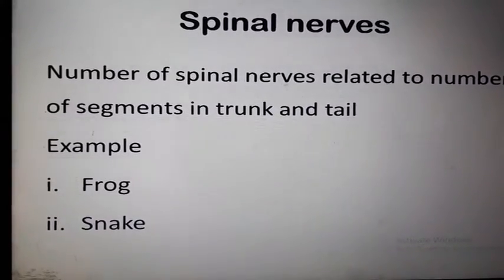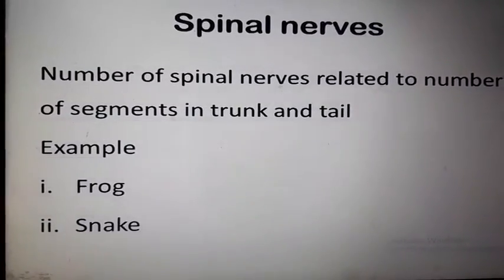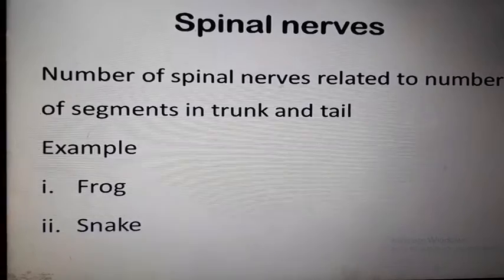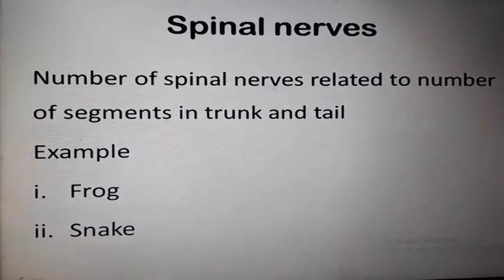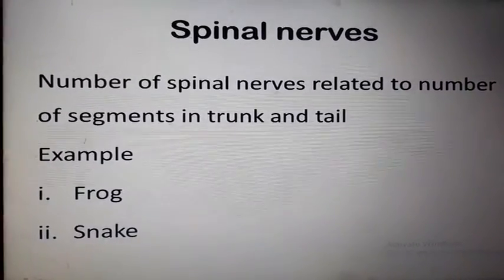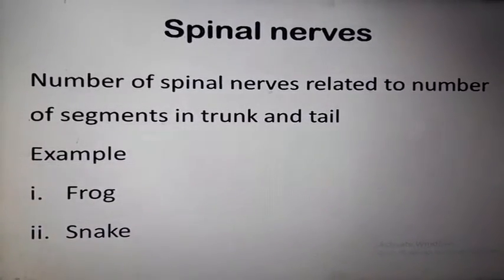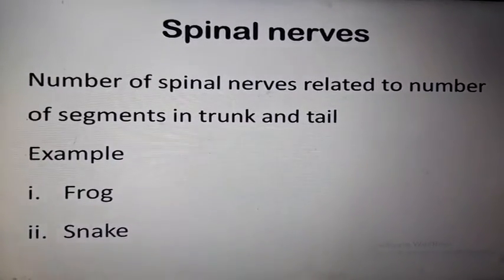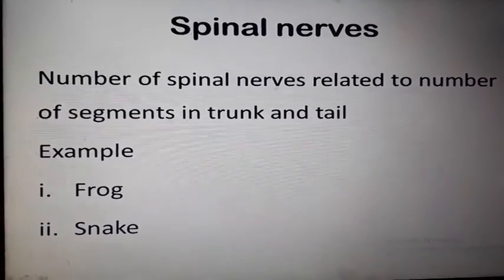For example, the frog has evolved strong hind legs for swimming or jumping, and a reduced trunk and no tail in the adult. So how many spinal nerves are present in the frog? There are only 10 pairs of spinal nerves in the frog.